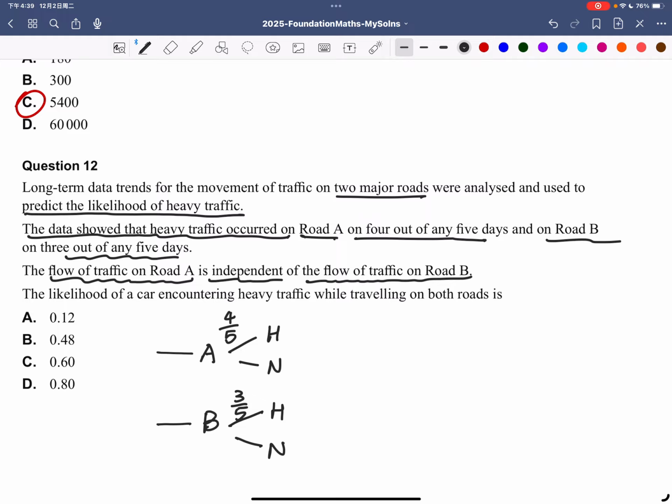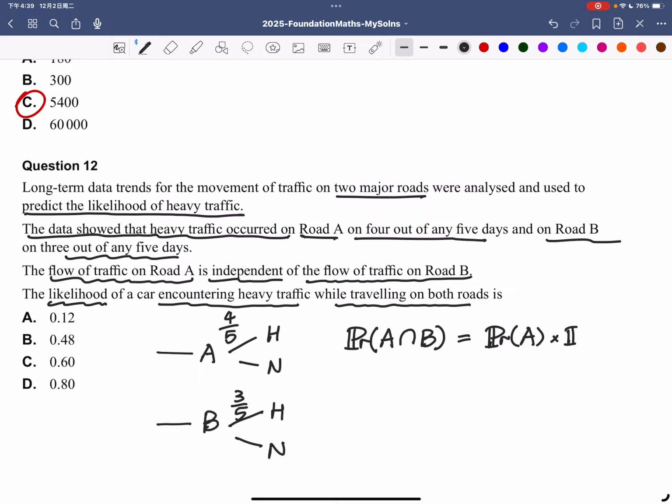So we'd like to find the probability of a car encountering heavy traffic while traveling on both roads. This is an interesting way of phrasing, but if you recall from your year 9 or year 10 math content, if we want the probability of A intersecting B, we could use probability A times probability B. I believe that's the intention.